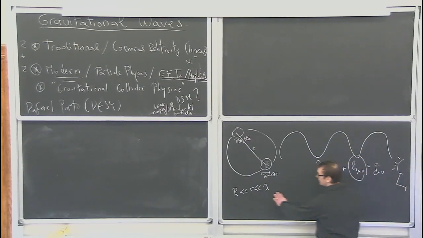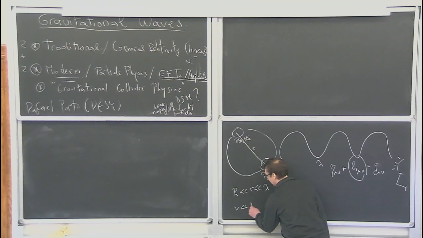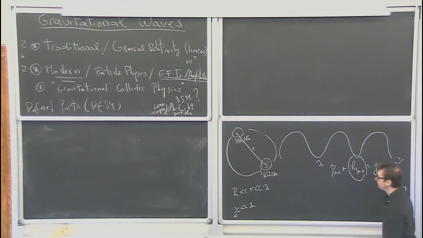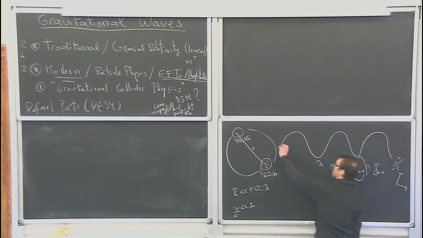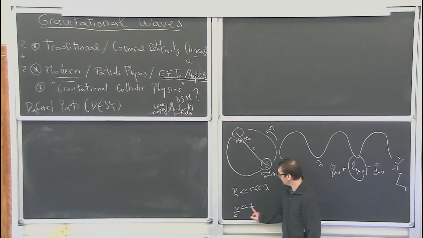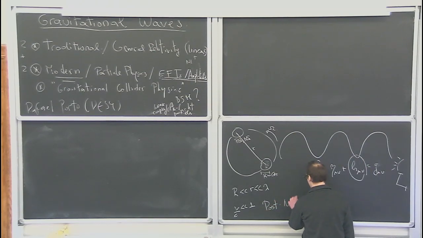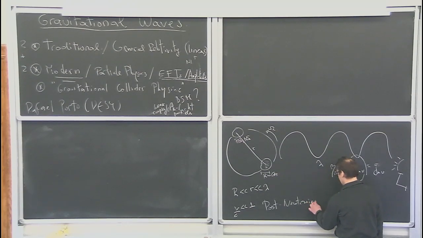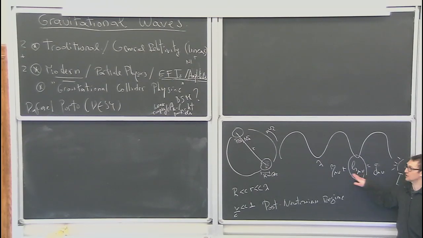And this is the case in the regime in which the velocities compared to the speed of light are small. So those guys are going around each other at some frequency and moving with some relative velocity. If the relative velocity is small, then the scales are separated, and this is what is called the post-Newtonian regime. And this is what we will concentrate on, which is a regime in which we can do perturbation theory in the metric.